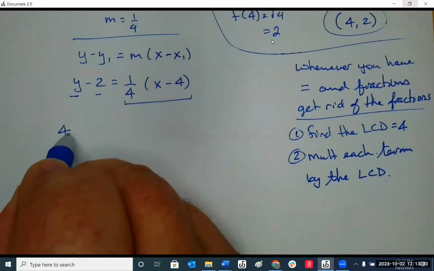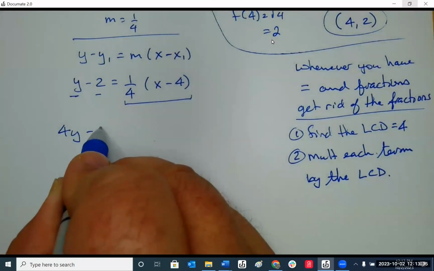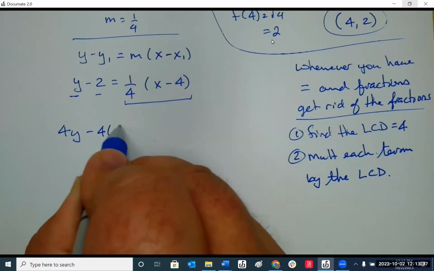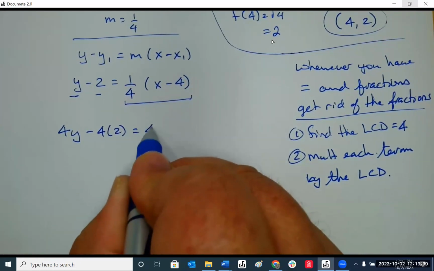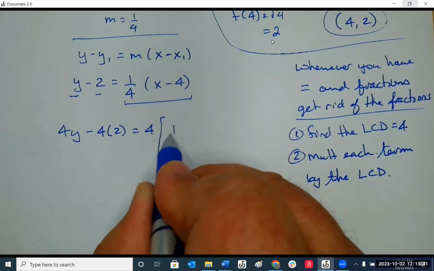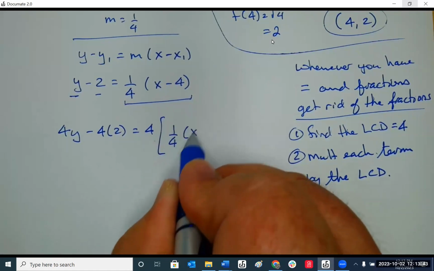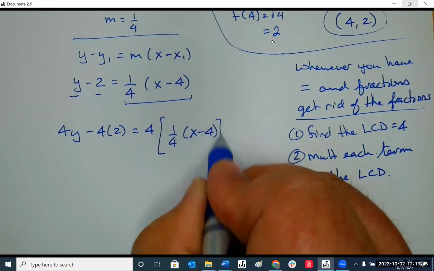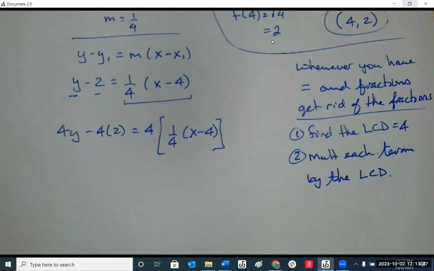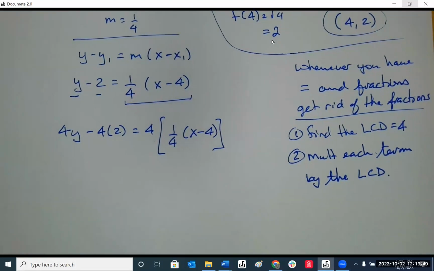So 4 times y minus 4 times 2 equals 4 times 1/4 x minus 4. I multiplied each term by the LCD.